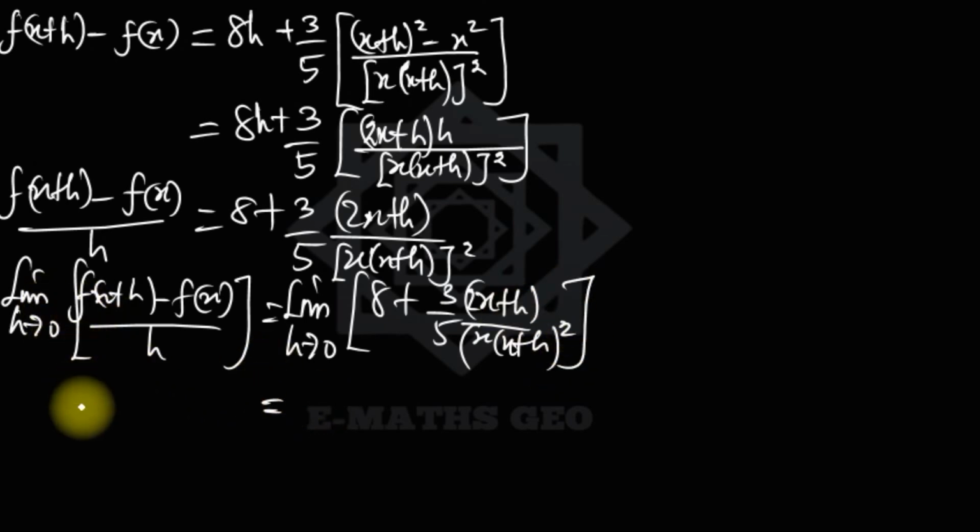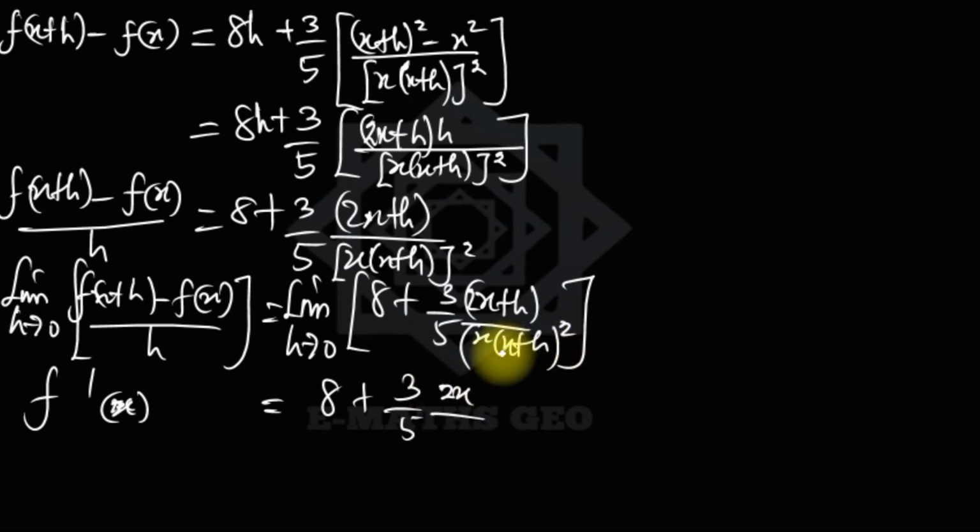As you can see, this is now f prime, that's our f prime of x. We'll substitute h as 0 here. So we'll have 8 plus 3 over 5 times 2x over x times x squared, that's x squared all squared, which is x raised to the power 4.